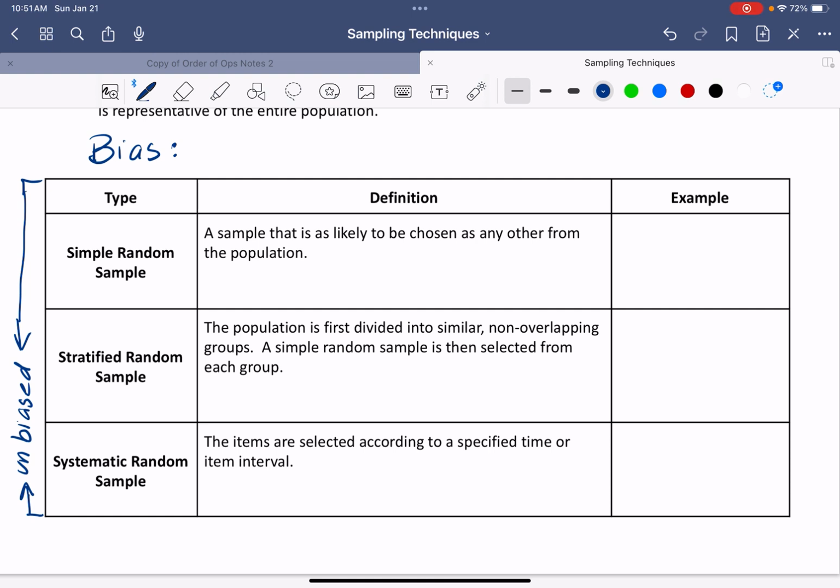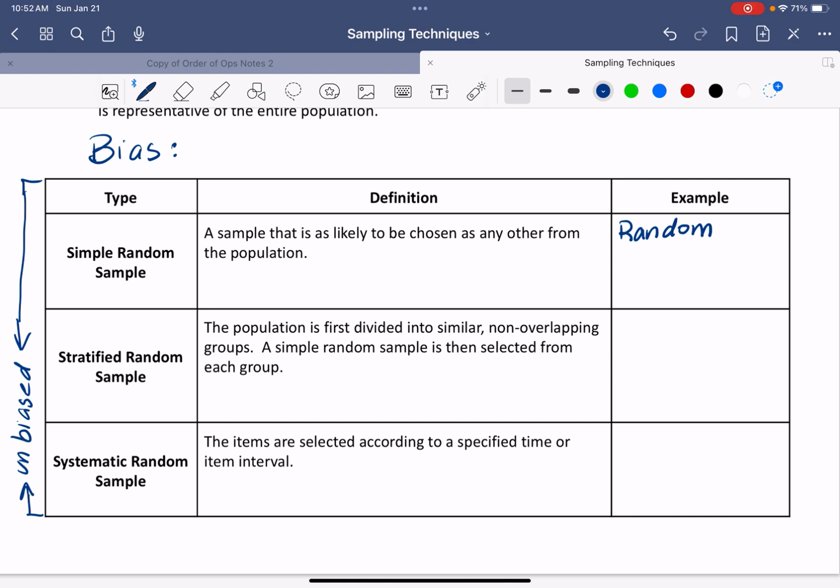When I look at a simple random sample, it means a sample that is as likely to be chosen as any other from the population. So to put it more specifically, when you see it in writing, you're going to see the word random pop up. It's like when you have a bag of marbles and we put our hand in the bag, do we know what we're going to pull out? No, it's very random.